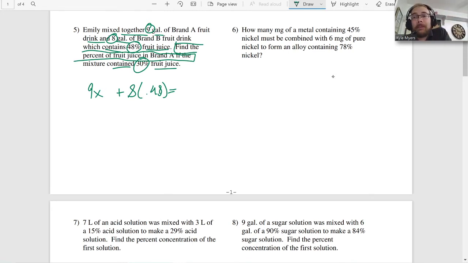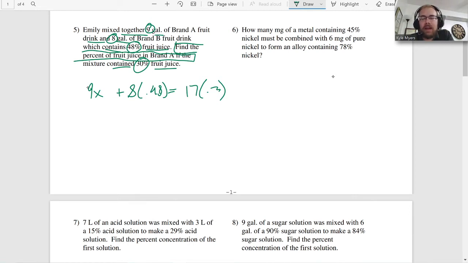But anyways, besides Emily being a crazy person, 9 plus 8 is 17. So they're going to make 17 gallons of fruit drink. But it's 30% fruit juice. Okay, so then we're just solving for x. This one's different, but not crazy different.